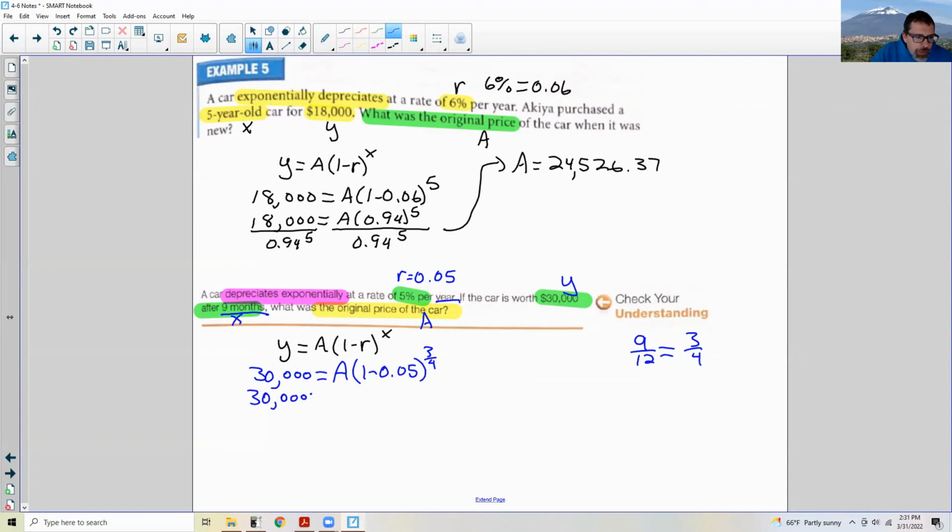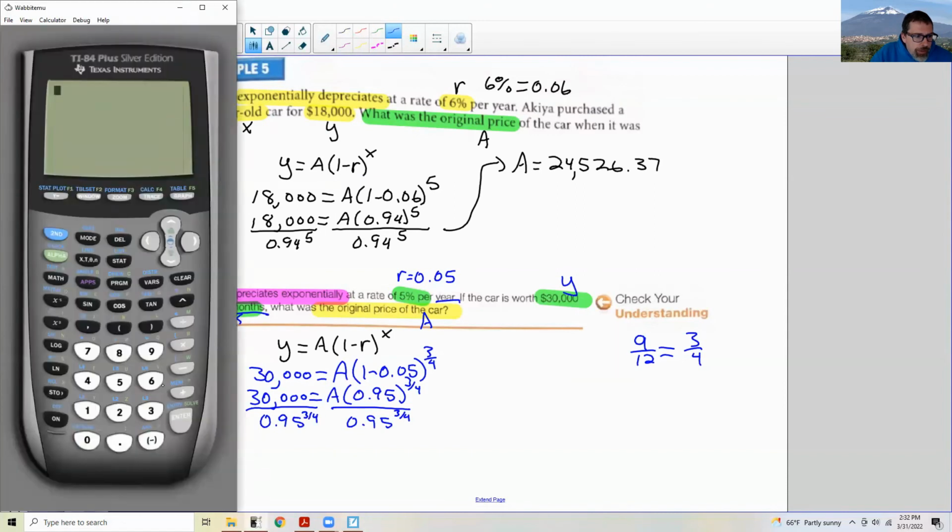30,000 equals A times 0.95 to the 3/4. Divide both sides by 0.95 to the 3/4. And let's get our calculator and solve it.